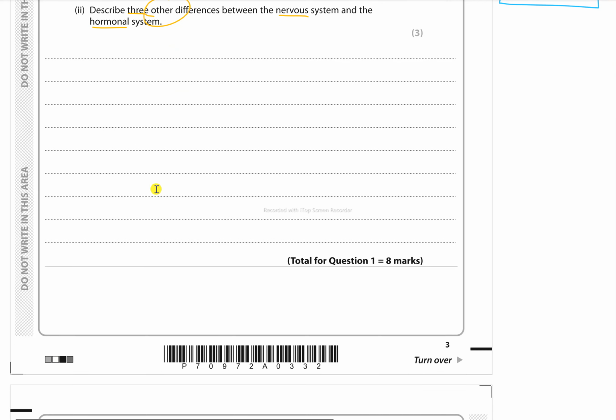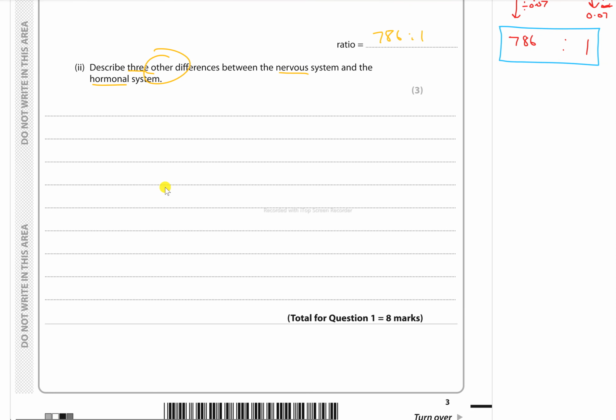Let's move on. Right, this is a standard answer. Differences between nerves and hormones. Standard answer: one's impulses, one travels in the blood, one is short-lived. Three other. Right, speed. Okay, so they've done speed.